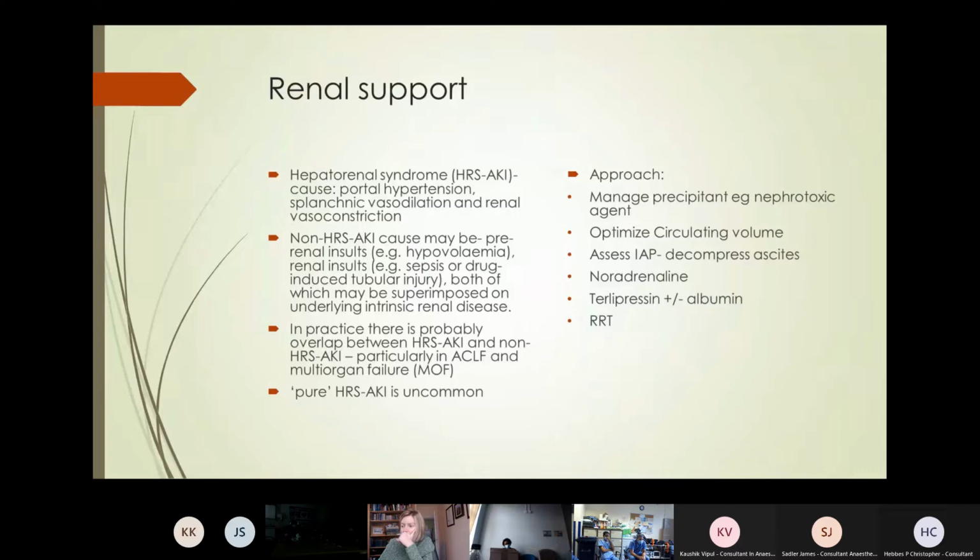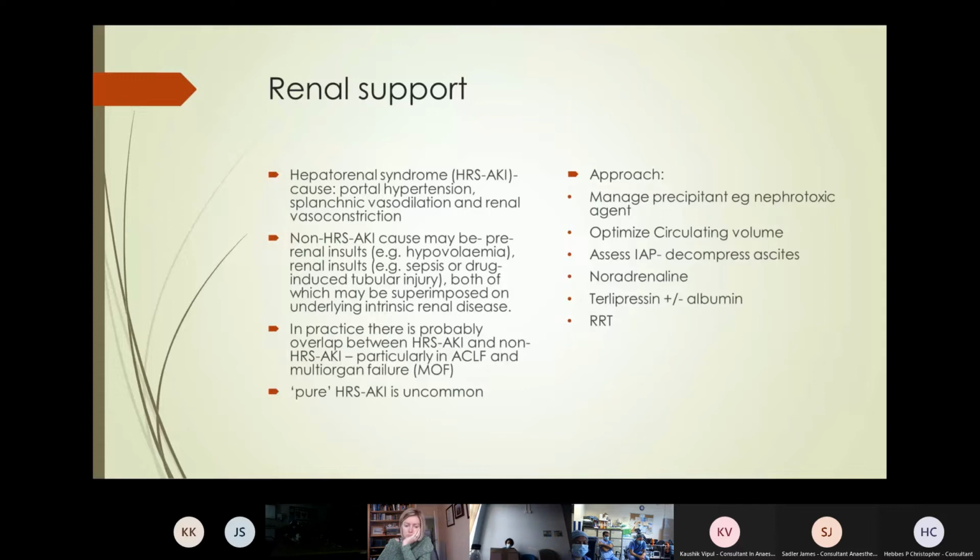Think of noradrenaline and think of renal replacement therapy. Patients who require renal replacement therapy and they have HRS AKI do not have a good outcome, because the main treatment for HRS AKI is liver transplant.